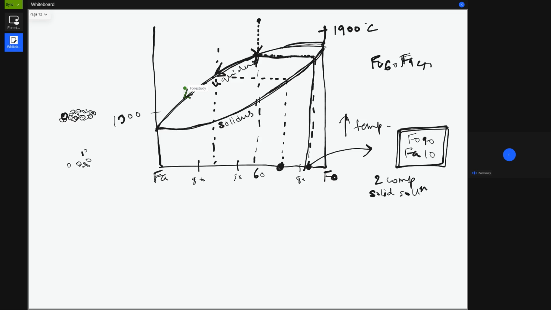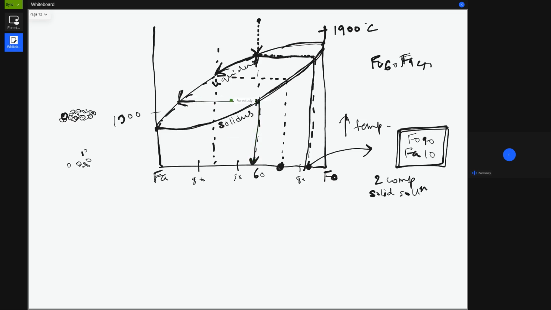So where it will end, it won't go here. It will end where it goes up to here, where we are getting the last mineral with composition similar to the melt composition.